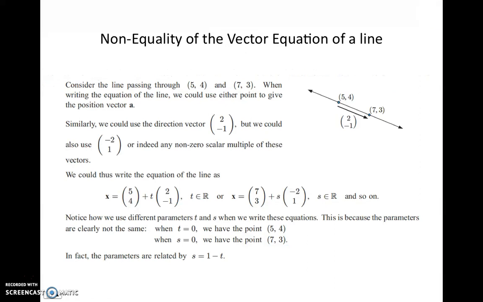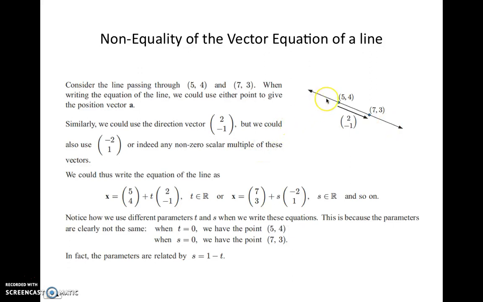Remember vector equality, where you have to have the same magnitude and direction. Currently we will look at the non-uniqueness of the vector equation of a line. Consider the line passing through (5, 4) and (7, 3). When writing the equation of the line, we could use either point to give the position vector a.